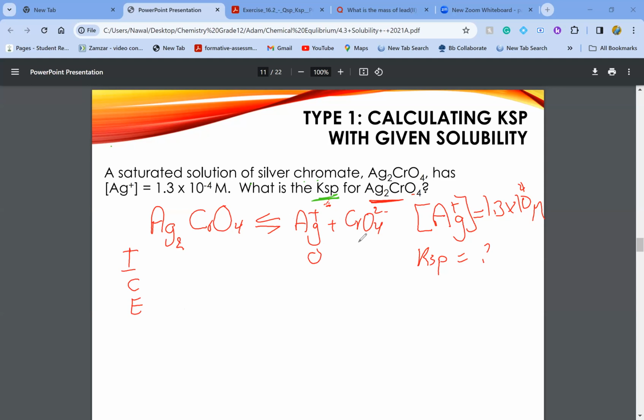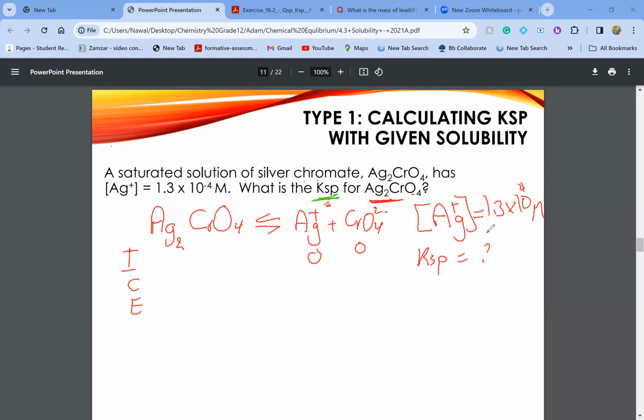This will start with 0. He didn't say in water, but it should be in water. He didn't say it's dissolved in any other solution, so I know it's just this solution in water.